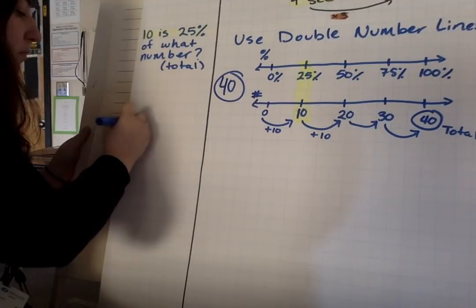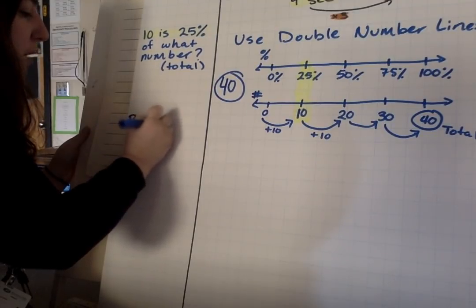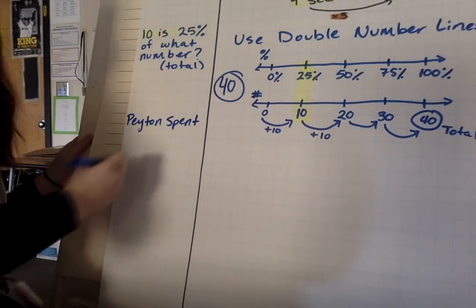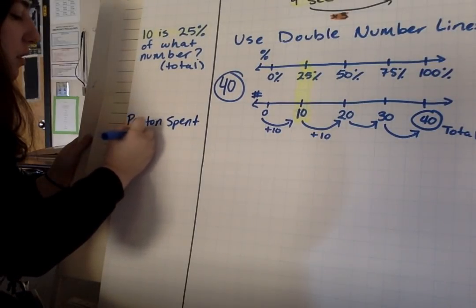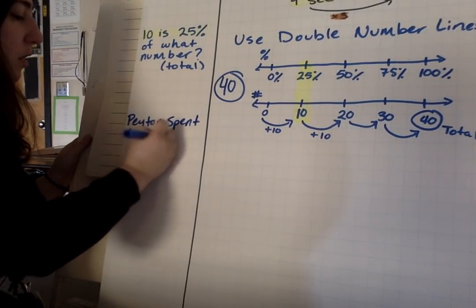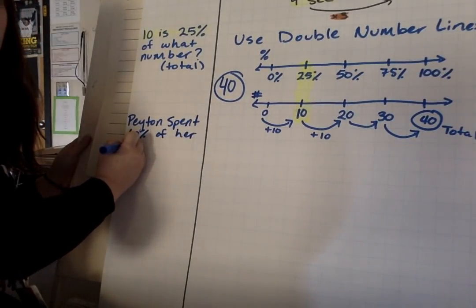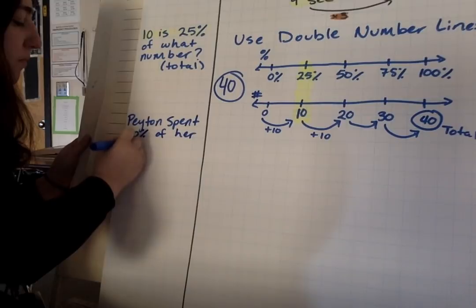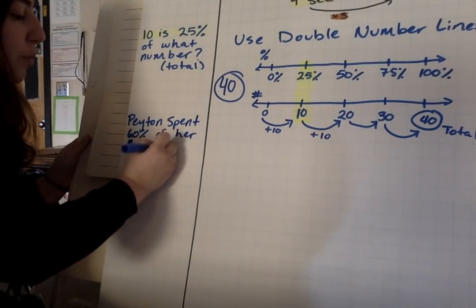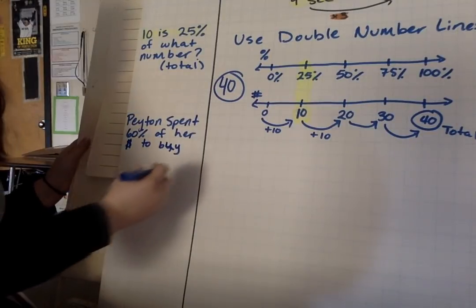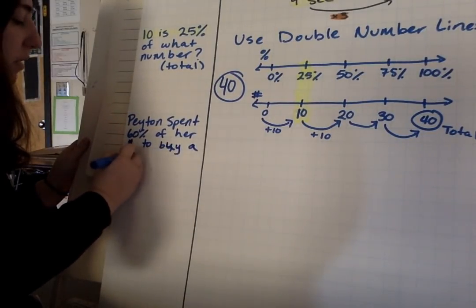So, Peyton spent 60% of her money to buy a TV.